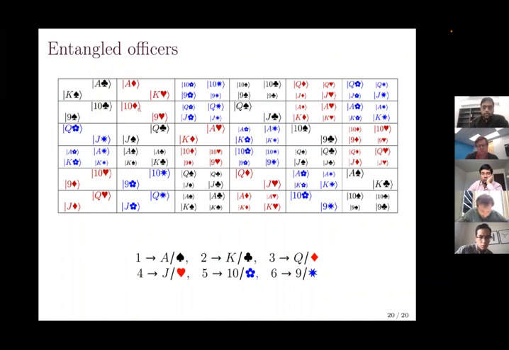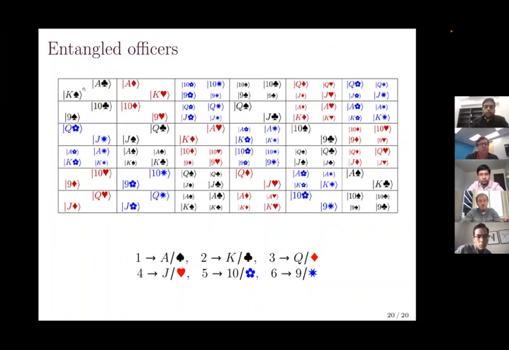So the classical solution would be that each cell would have only one of the items from here, but that doesn't exist.